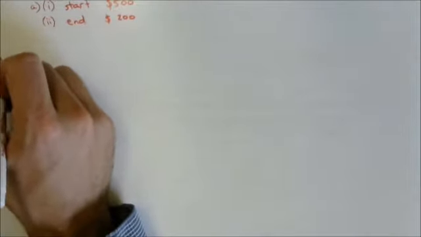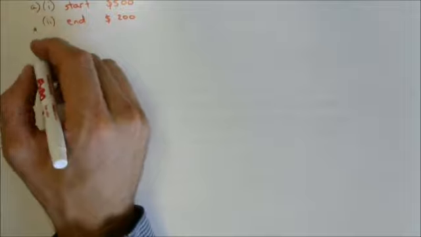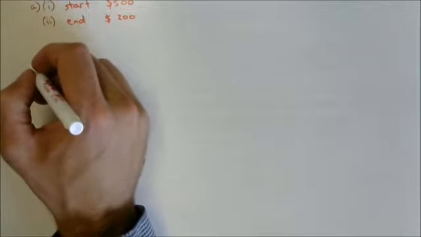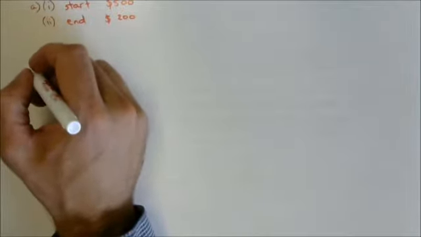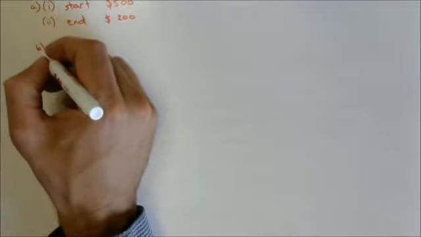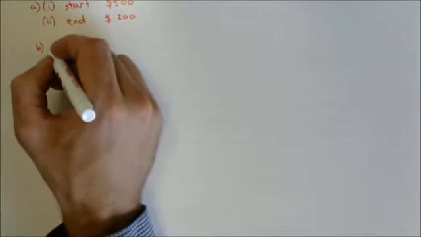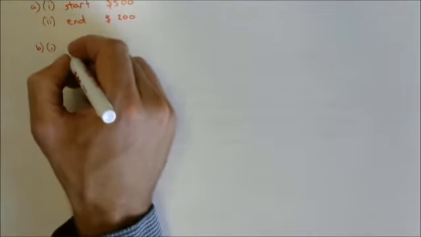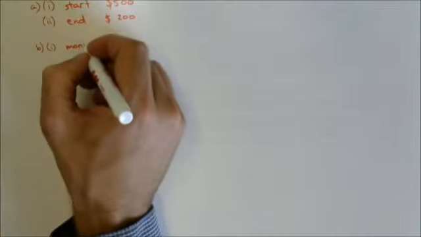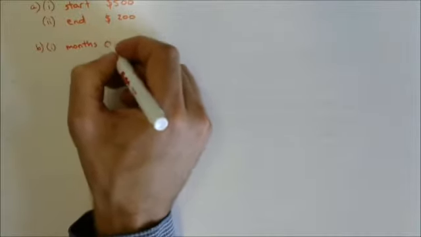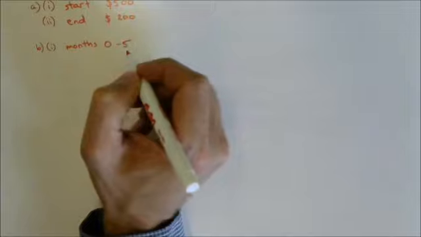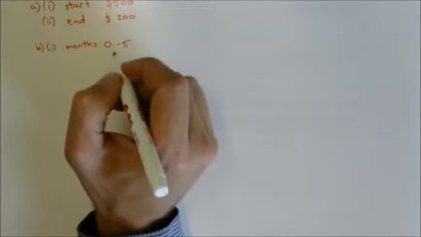Good. So now we have our base, our beginning, and our end. Now we want to know about the average rate of change during different intervals. Okay. So the first interval that we're going to talk about is months 0 to 5.